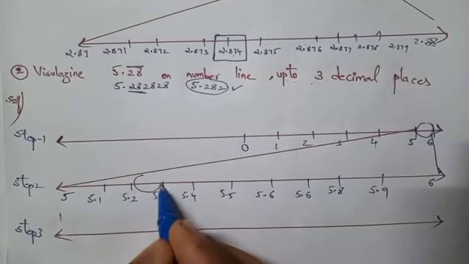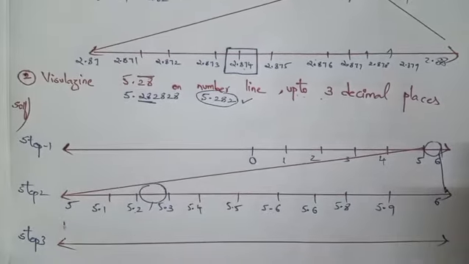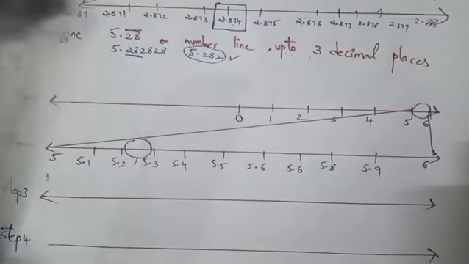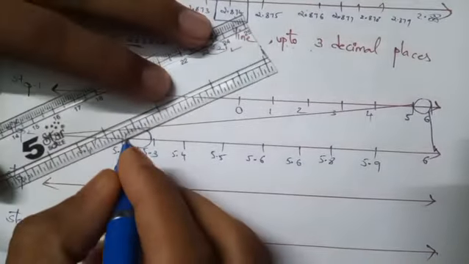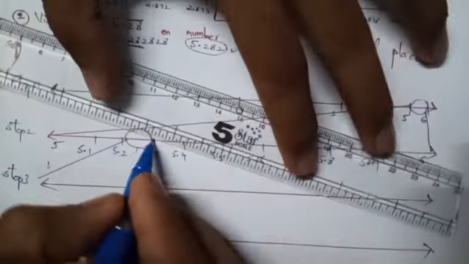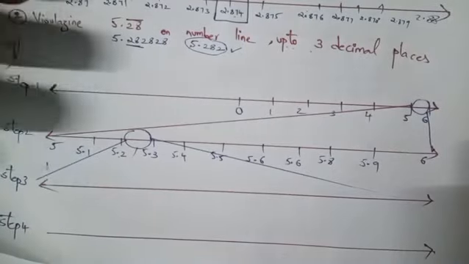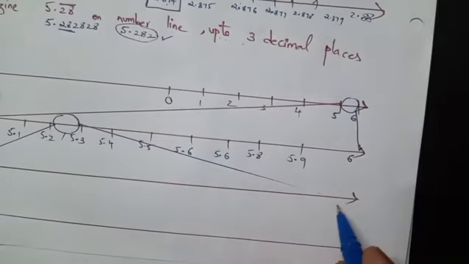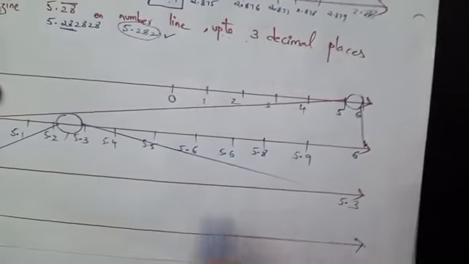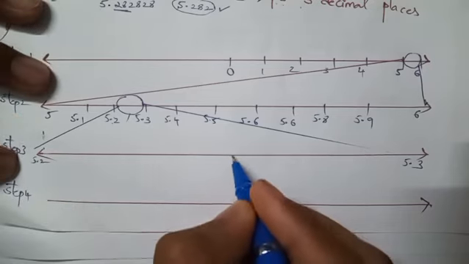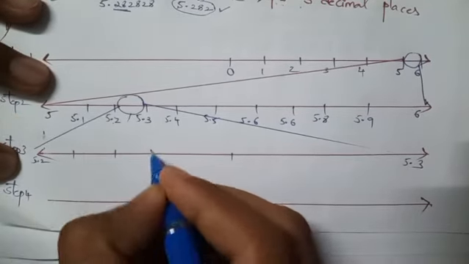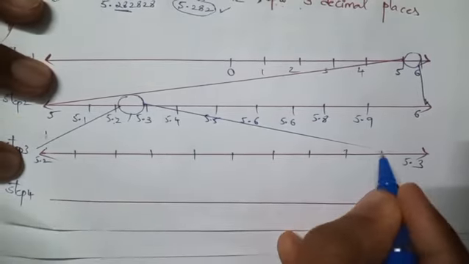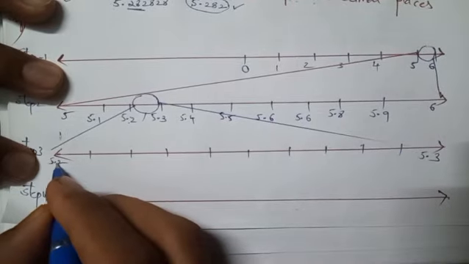You have to keep magnification here. Next step, magnify that point. Now 5.2 here, 5.3 here. Now magnify. I think you are able to understand what I am trying to do.